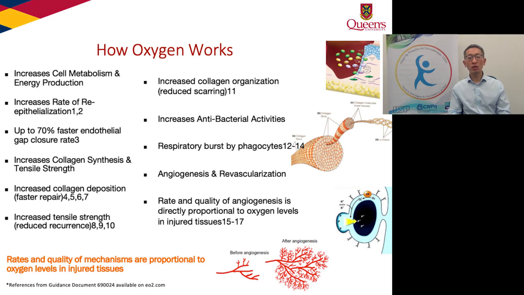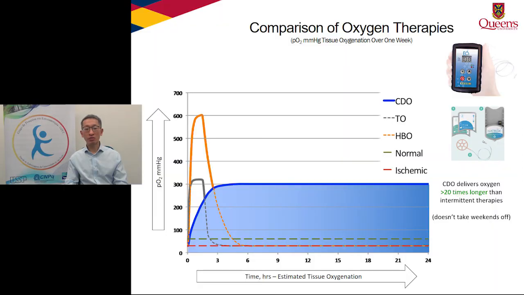There's also some newer interest around topical oxygen therapy, pressurized oxygen therapy. We know oxygen is important in many ways to kill bacteria, to stimulate new blood vessel growth, and also to promote wound healing. And the new technology now is the continuous diffusion of oxygen therapy.